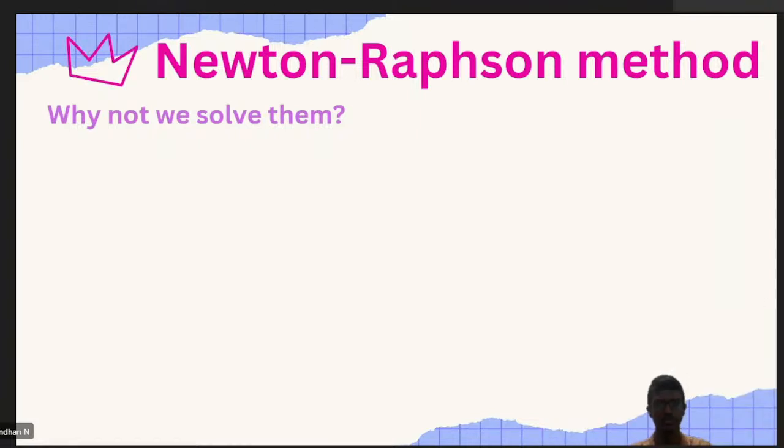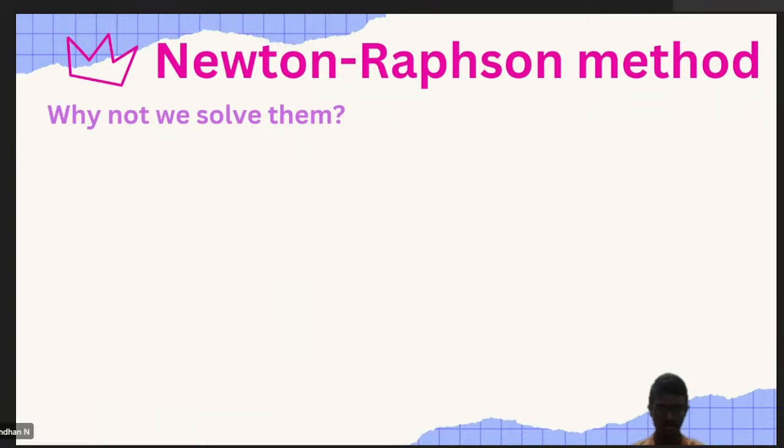So mathematicians thought these methods are restricted. The formula minus b plus or minus square root of b squared minus 4ac by 2a is only for quadratic. For cubic there is one formula, but we don't care. What they thought was they needed a general method: given any polynomial, I should be able to find a solution.